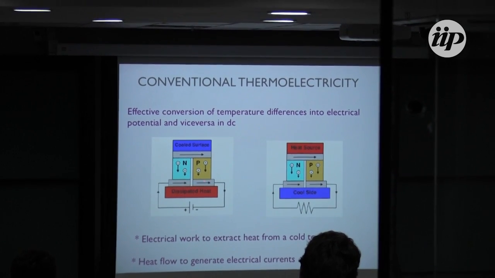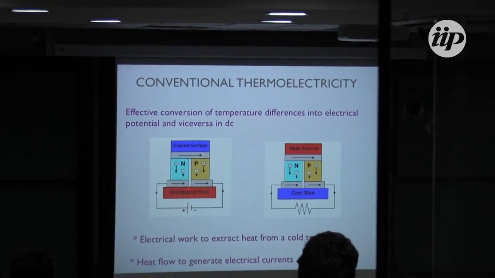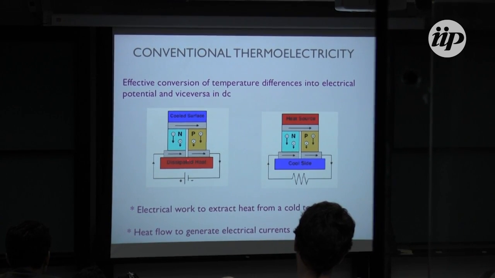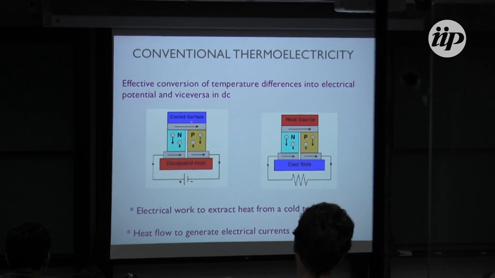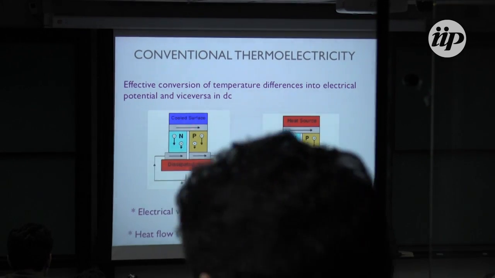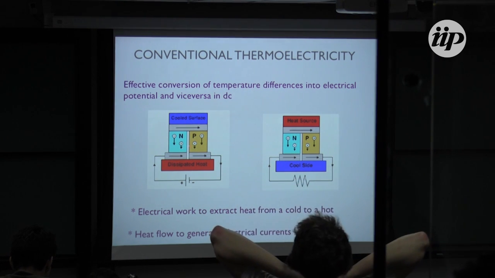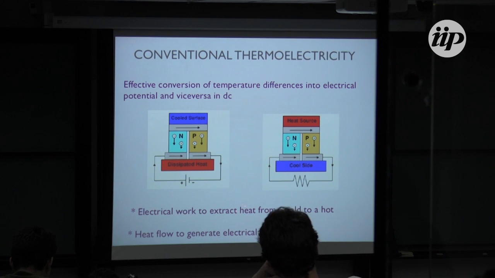The typical setups are sketched here, where in this case we have some current injected in the device, and in this way some part of the sample is cooled. So this is the typical work of a refrigerator. We use electrical work to extract heat from a cold to a hot place.